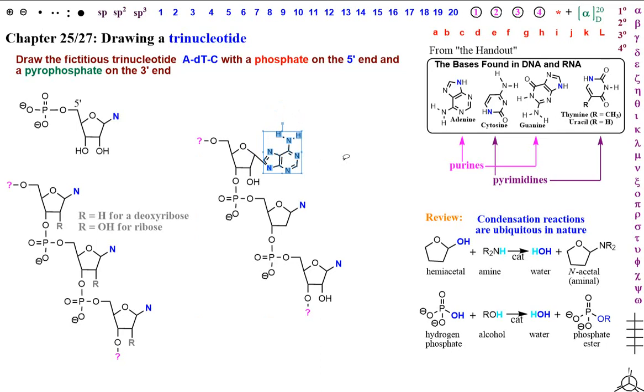Trinucleotides do not have alpha linkages to the nitrogen, which is what I have pictured here. They are beta. I need to see your nitrogen clearly on the same side as the distal carbon. So that's the A. Next one is the DT.